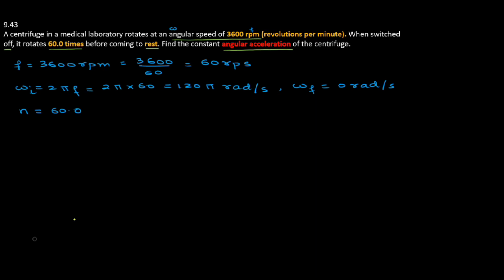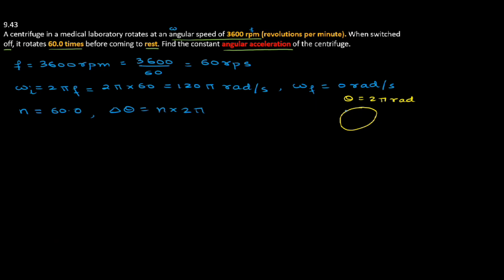Now when an object is in circular motion and it goes around the circle one time, when it makes one revolution around the circle, the angle it covers in that revolution is 2 pi radian. So if this centrifuge were to rotate 60 times, the angle delta theta that it will cover in that rotation will be n times 2 pi.